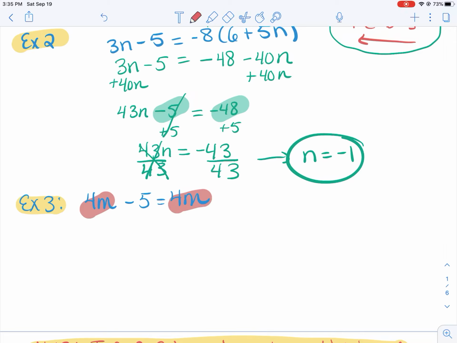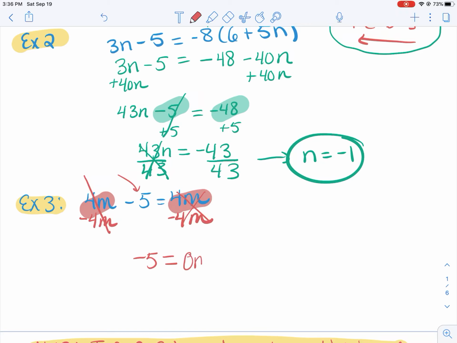Well, since there's a constant over here on the left, I'm going to move 4m over to the right, and because it's positive, I have to move it by subtracting it. That's its opposite. 4m minus 4m cancels, so negative 5 is equal to, well, wait, 4m minus 4m, that's going to cancel over here as well. 4 minus 4 is 0, right?